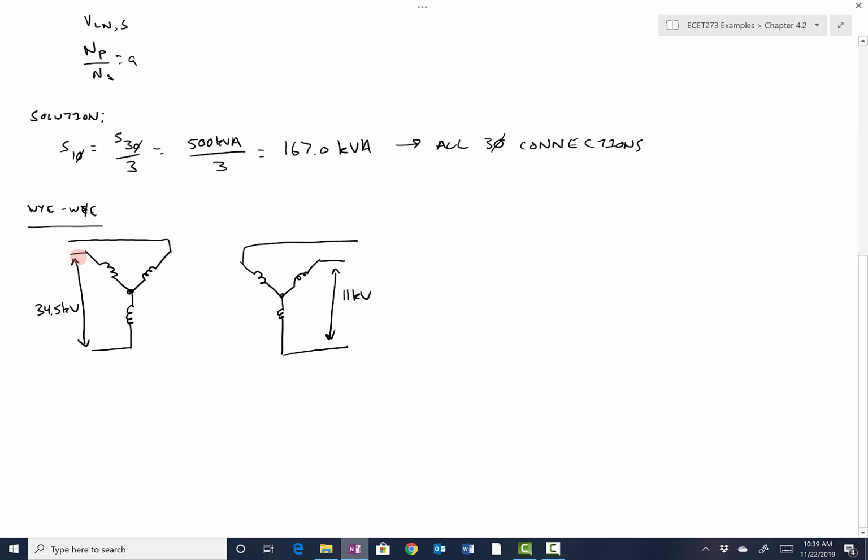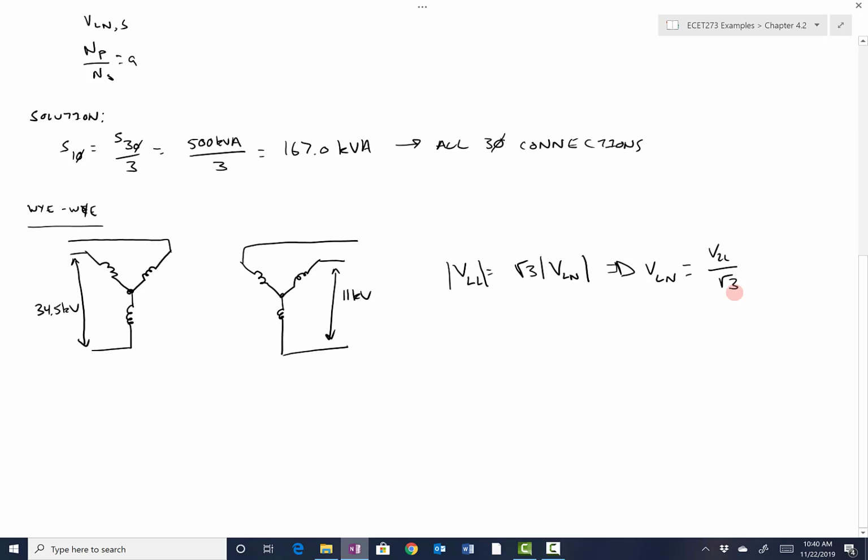If I'm given a line to line quantity in a Y and I want to know a line to neutral quantity, I just use the relationship that the magnitude of V line to line is equal to √3 times the magnitude of the line to neutral quantity. I want to rearrange that equation to say that V line to neutral is going to be equal to V line to line divided by the square root of 3.